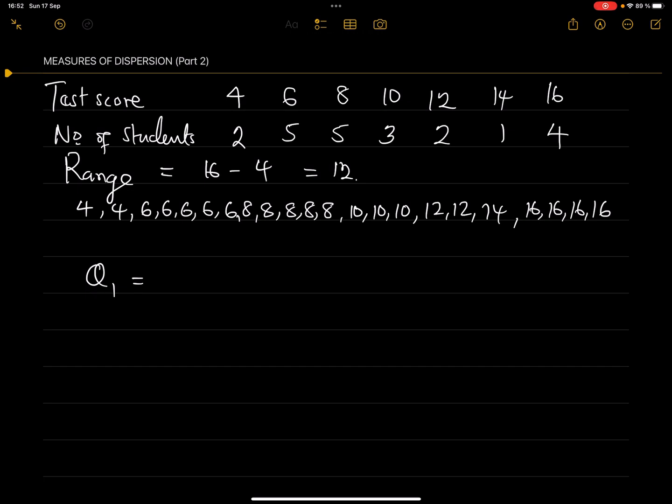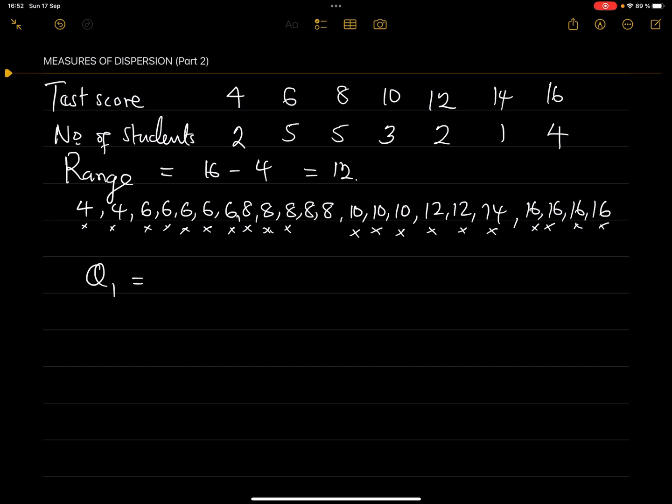We can cross out from the front and back, or one after the other, because this data is already arranged.